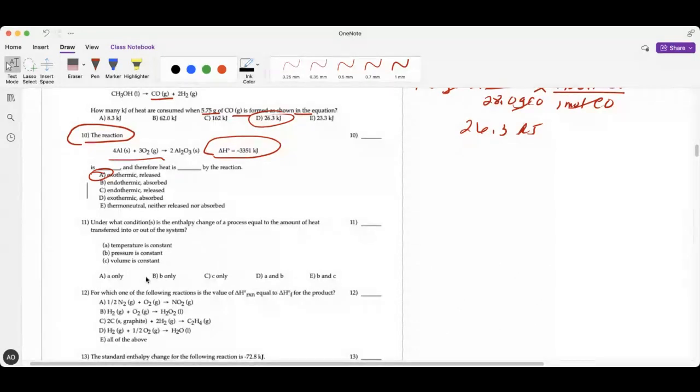Would you choose A, B, C, D, or E? B. You said B or D? B as in boy. Okay. And that's true. It's when the pressure is constant. So the answer would be B only.